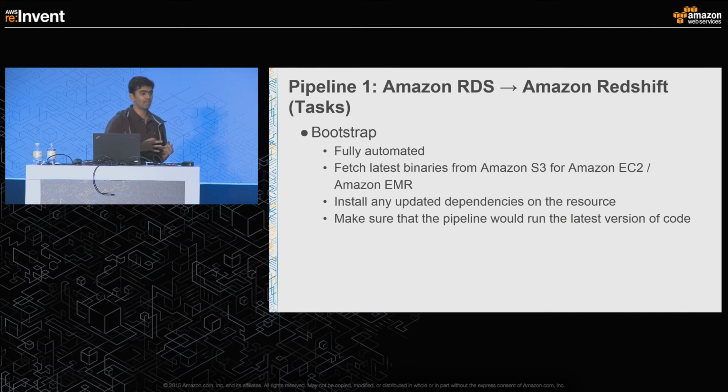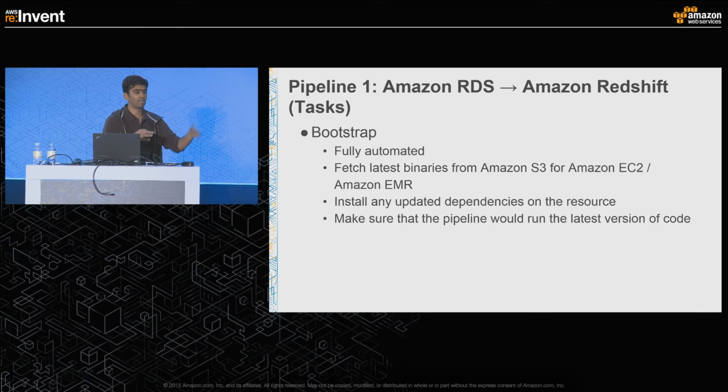So the first thing that happened was Bootstrap. Bootstrap is one activity that would run based on what resource you're using. If you were using an EC2 resource, we would run a Bootstrap for an EC2 resource. And if you were running an EMR job, you would Bootstrap the EMR cluster. What happens in the Bootstrap step is automated.